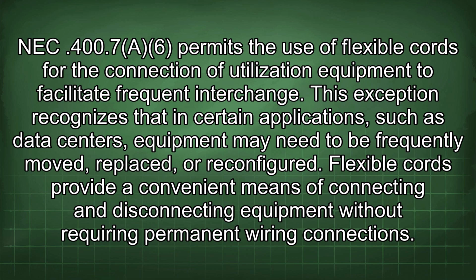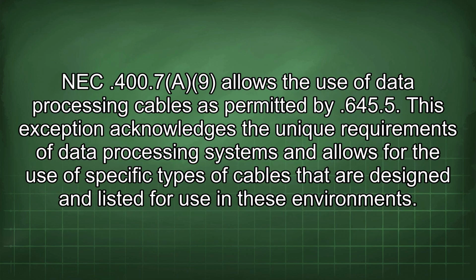This exception recognizes that in certain applications, such as data centers, equipment may need to be frequently moved, replaced, or reconfigured. Flexible cords provide a convenient means of connecting and disconnecting equipment without requiring permanent wiring connections. NEC 400.7(A)(10) allows the use of data processing cables as permitted by 645.5. This exception acknowledges the unique requirements of data processing systems and allows for the use of specific types of cables that are designed and listed for use in these environments.